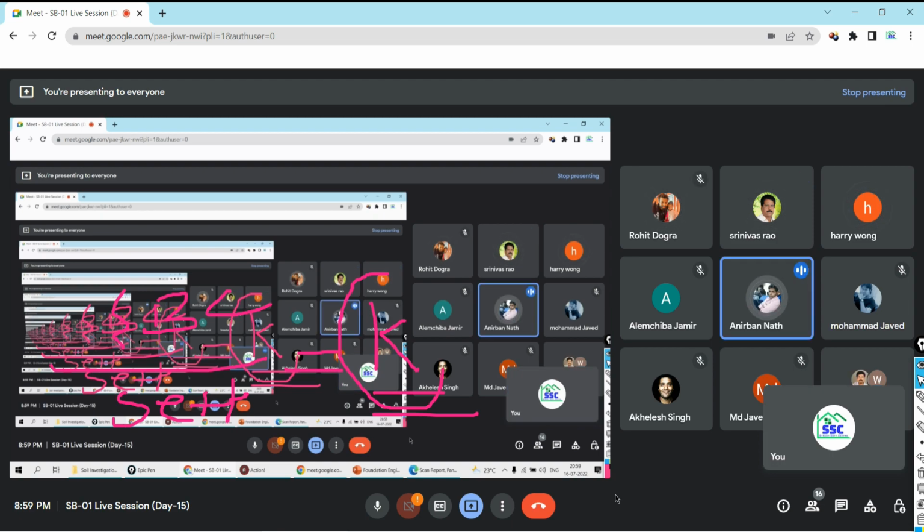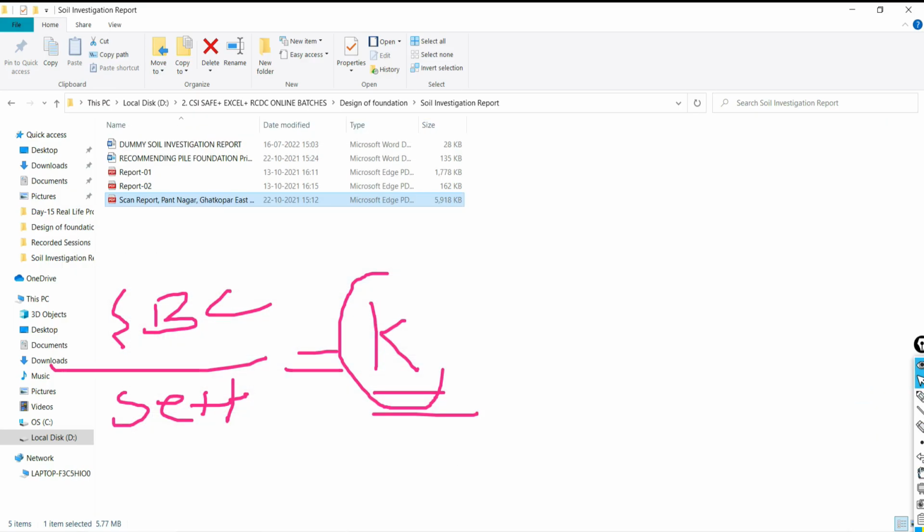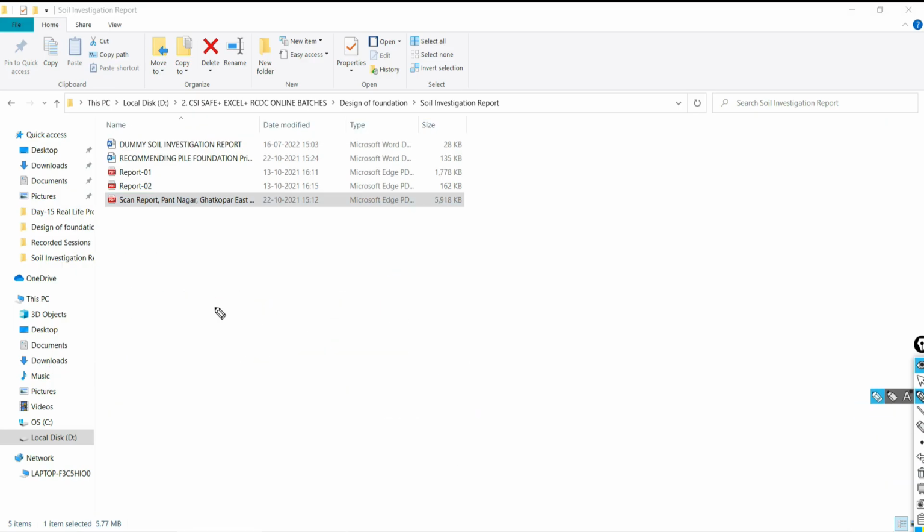Sir, how is that 101 obtained? Can you show it once? The 770 ton per meter square, conversion from ton to kilonewton. Sir, 1 ton is equal to 10 kilonewton.